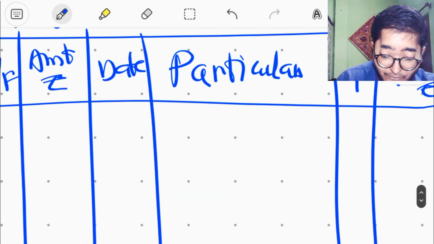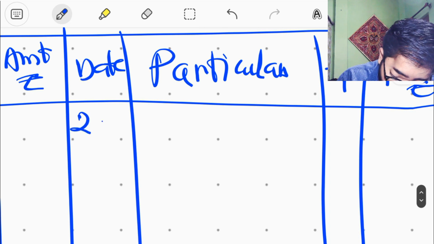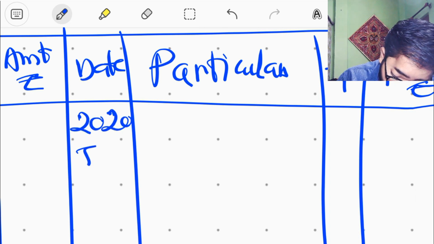So Mukesh account is credited on 2020 January 8.